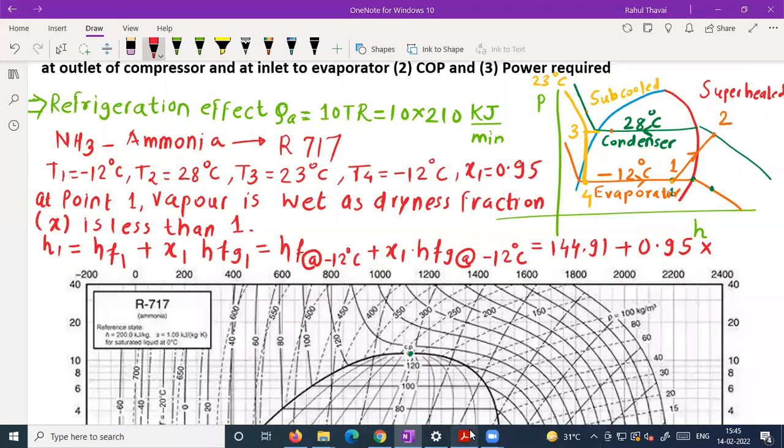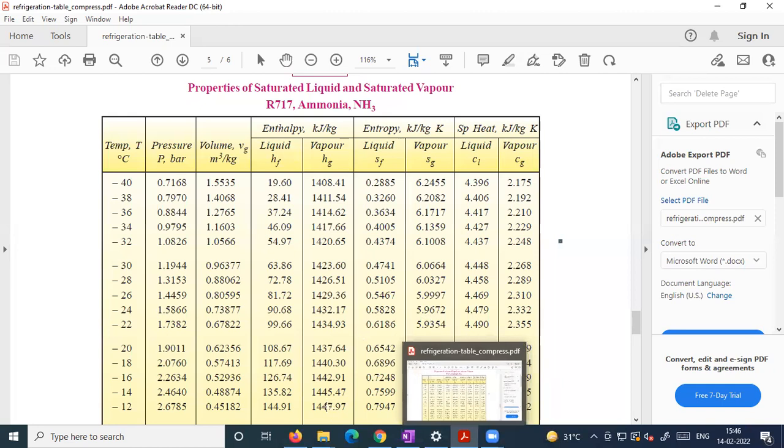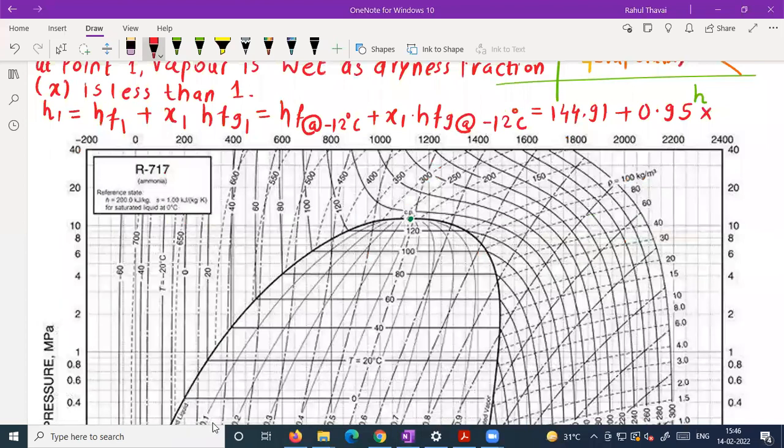Can you see the value of hfg here? hfg is not given. So hfg is simply the difference between hg and hf. This is not a new formula I'm telling you; we already practiced it in thermodynamics. hfg is the difference of hg and hf. I'll write down that formula here somewhere.